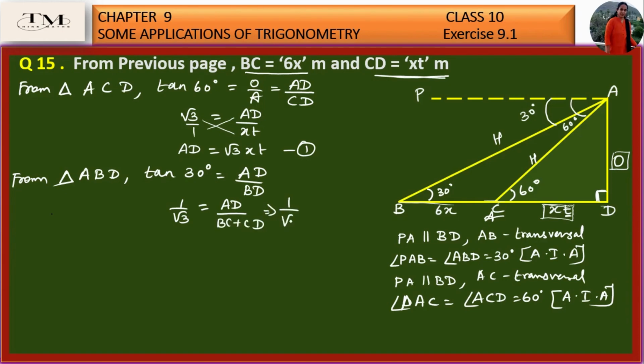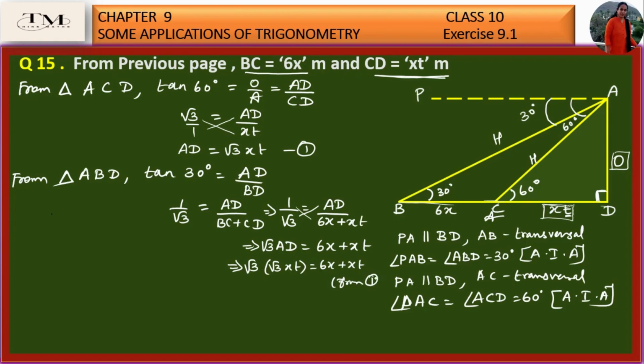So 1 by root 3 is equal to AD divided by BC plus CD, where BC is 6x and CD is xt. Now cross multiply: root 3 into AD equals 6x plus xt. What is AD? AD is root 3 xt. So substitute that value: root 3 xt times root 3 equals 6x plus xt, using equation 1.